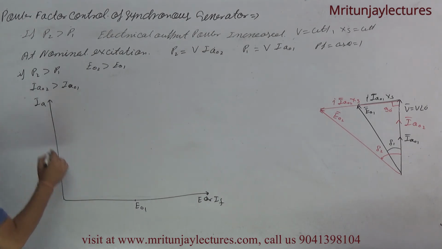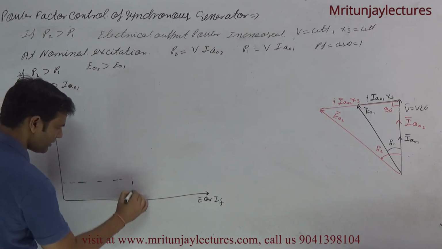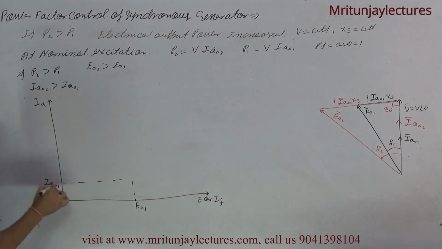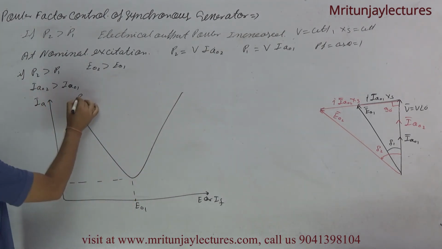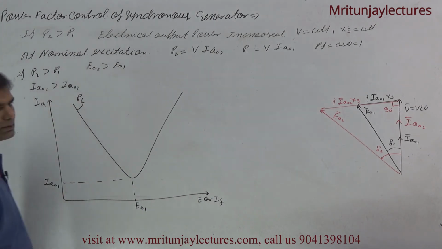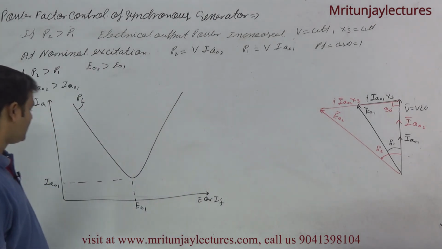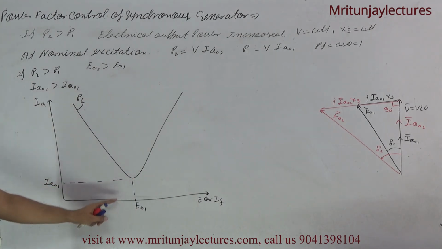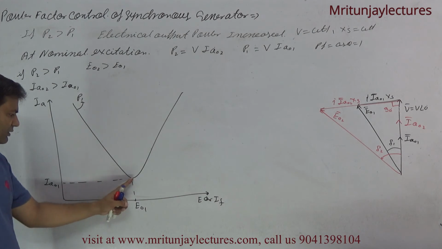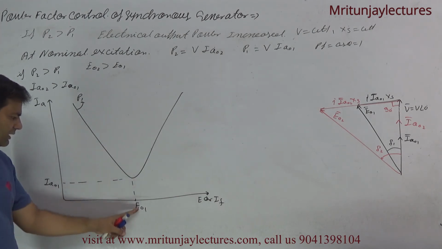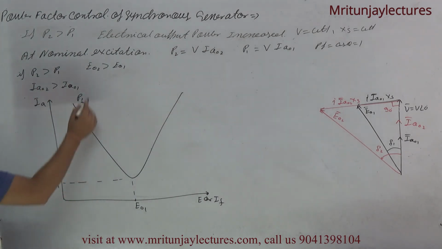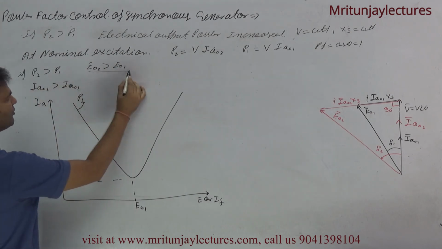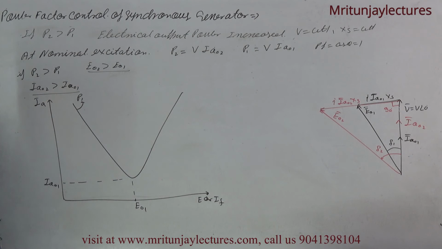And armature current corresponding to that is IA01, corresponding to power P1. That is the nominal armature current at unity power factor, IA01, and the nominal excitation voltage is E01. If power increases, then excitation voltage also increases, and armature current also increases.